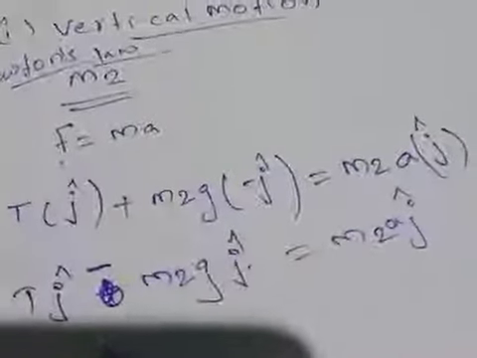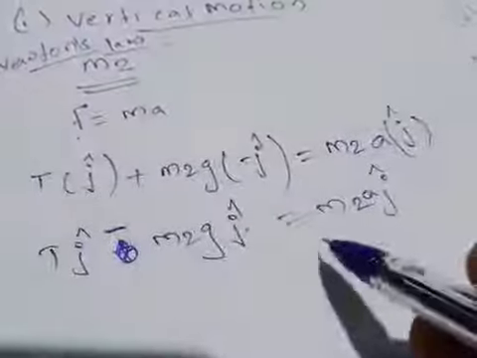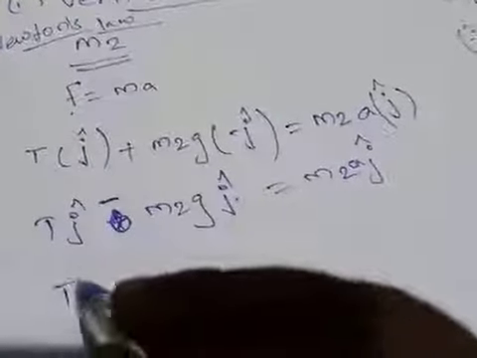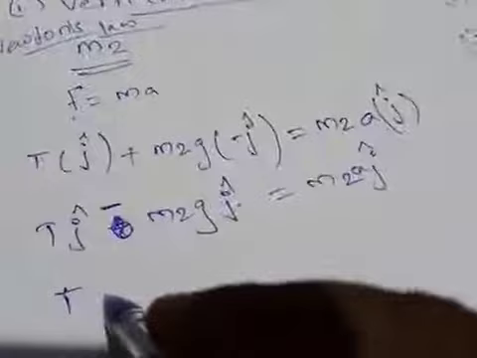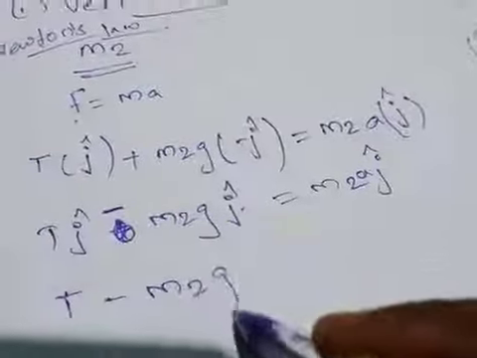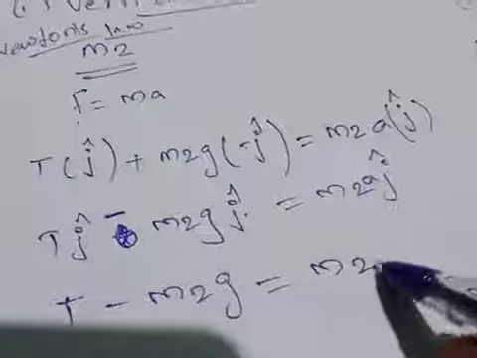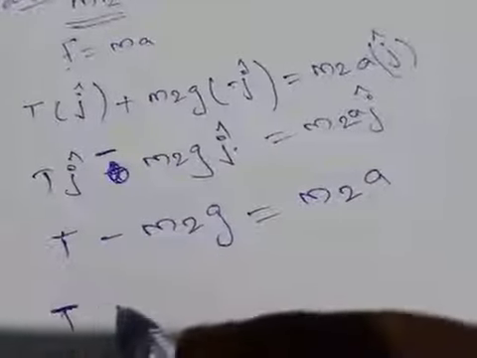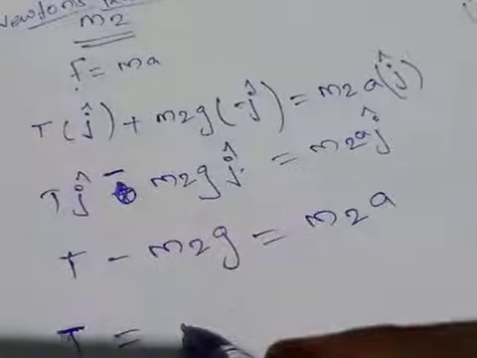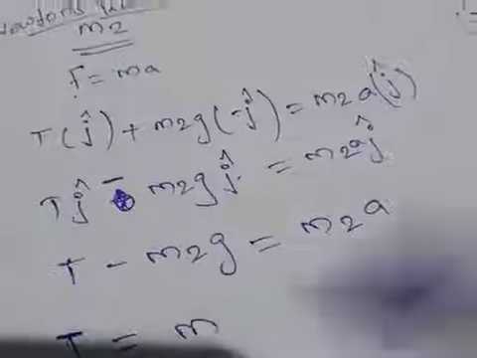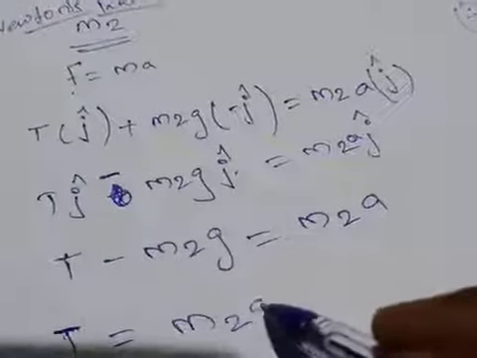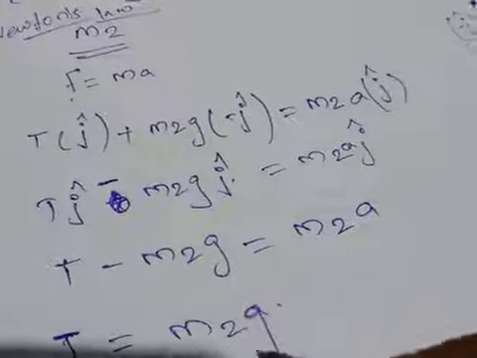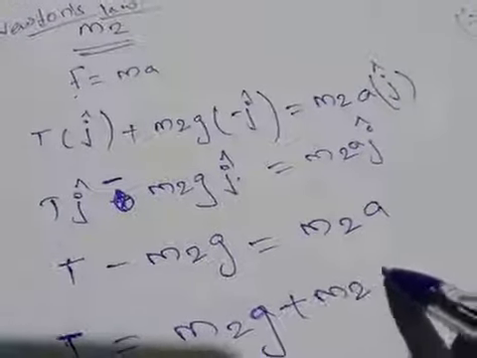Now comparing this component, the vector values will change j and all, so you can write T minus M2 g is equal to M2 a. From this you can write T is equal to, this minus M2 g we can take that side. So M2 g plus M2 a. This is equation 1.